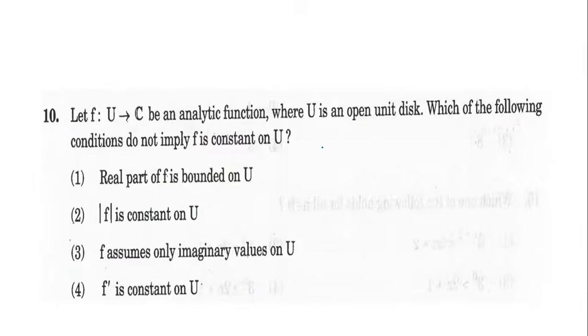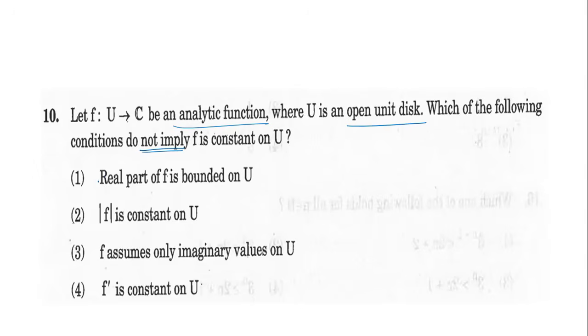See, 10th question. Let f from u to c be an analytic function, where u is open unit disk. Which of the following conditions do not imply f is constant on u?